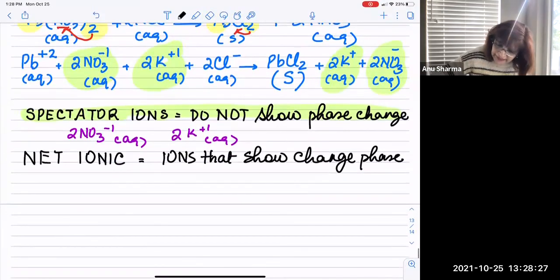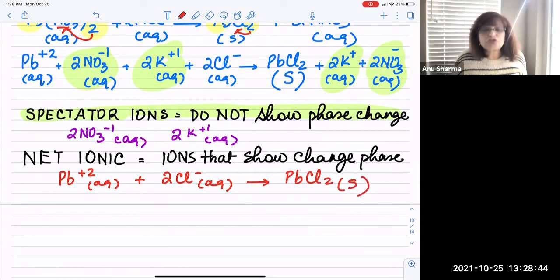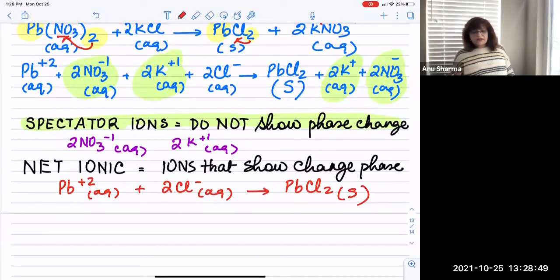Here we see lead, Pb +2 state, going from the aqueous state, actually combining with 2 chloride ions, 1 negative, aqueous state. They give you PbCl2, and PbCl2 is a solid. So we see that this is the net ionic equation.